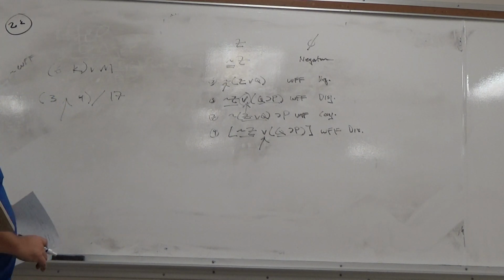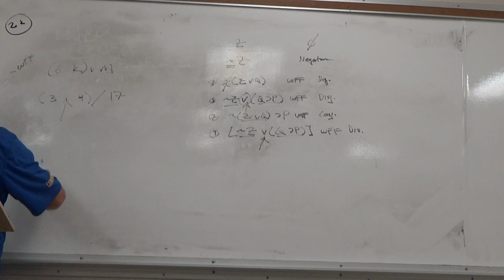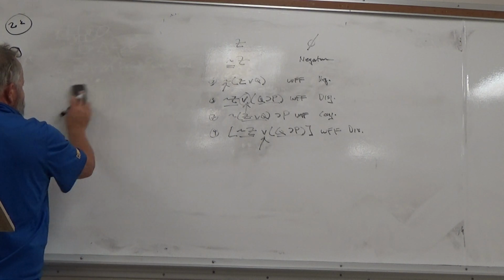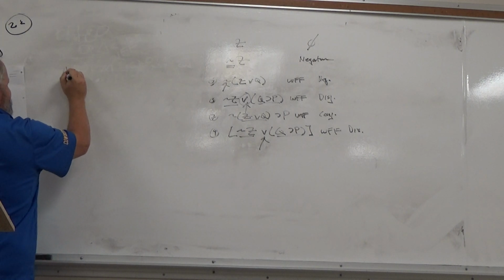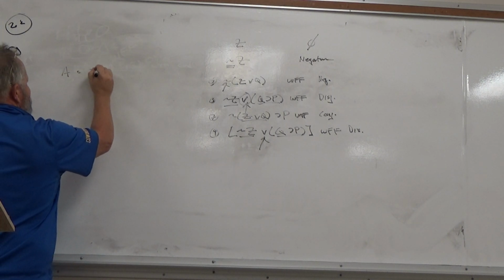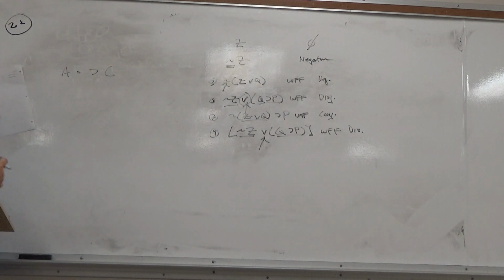Okay. As a rule, you can't have stacked logical operators. You can't have something like this, A and then C. That makes no sense whatsoever. Does everybody understand that?